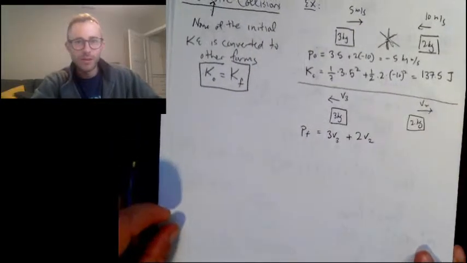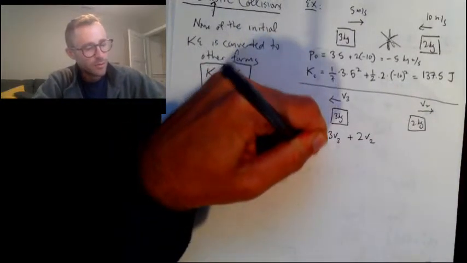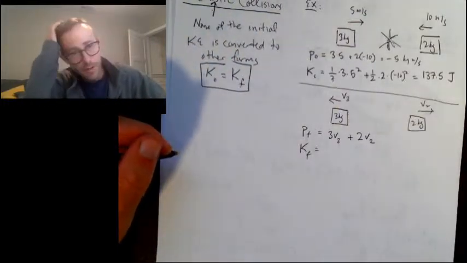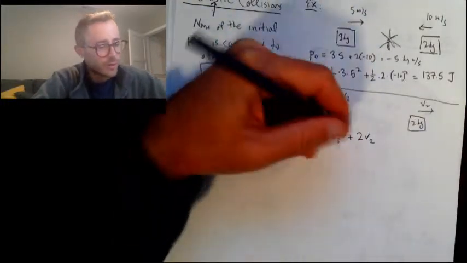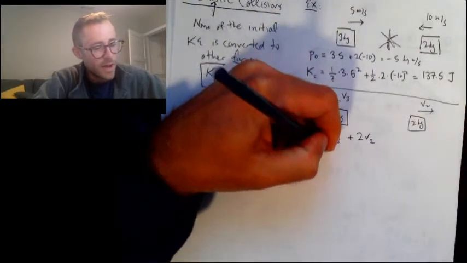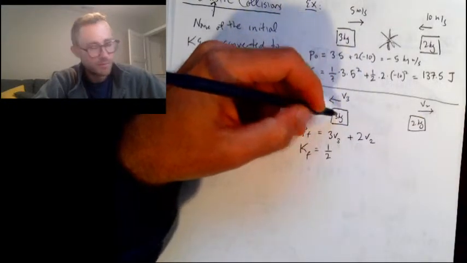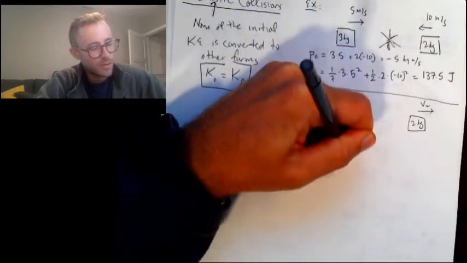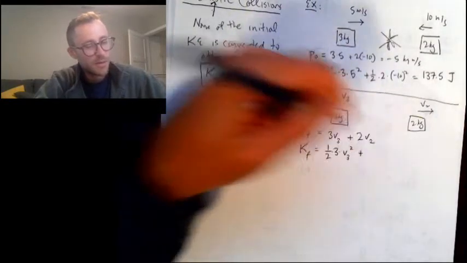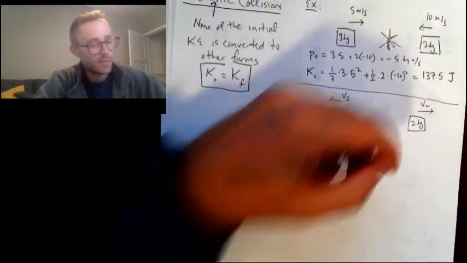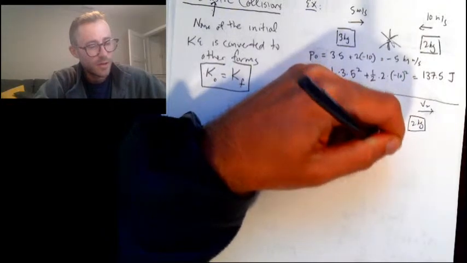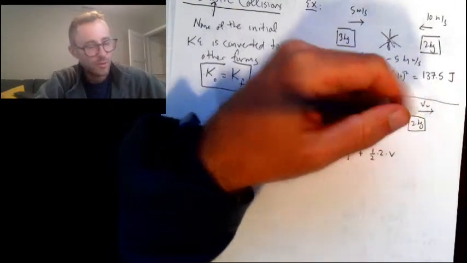For the final kinetic energy, we have to write an abstract expression. Okay? So it's going to be 1/2 times the mass of this one times the velocity of this one squared, so v3 squared, plus 1/2 times the mass of this one times the velocity of this one squared.